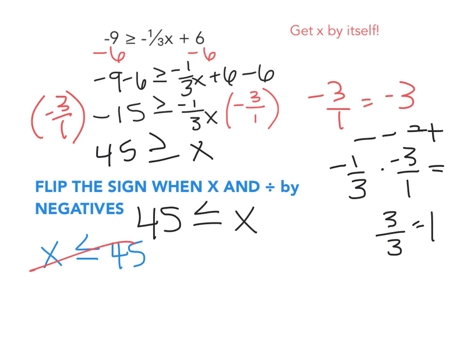So if we are going to bring the x to the other side, like we typically like to do, then we have to change the inequality symbol again. So change the inequality when you multiply or divide by a negative, because a negative makes you change your ways. And if you're going to move the x to the other side, or you want to flip the inequality, you have to change the sign. You may be looking at me with crossed eyes, but that's okay. You're going to get it.